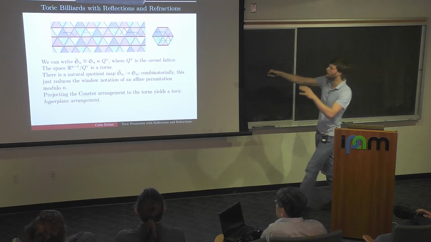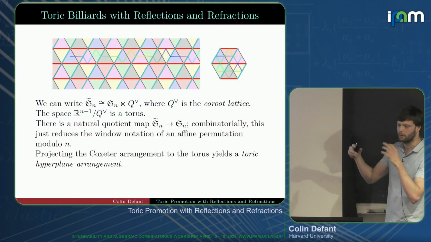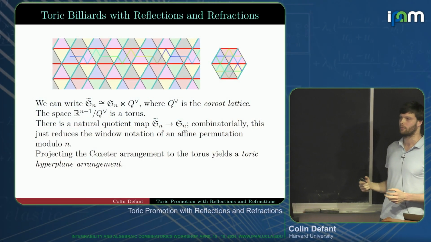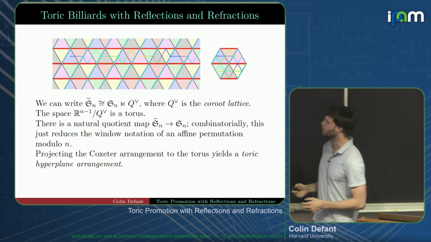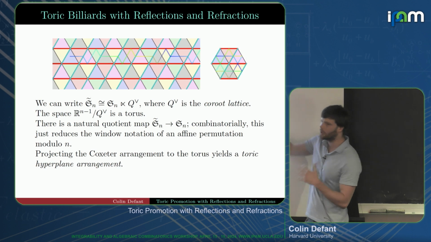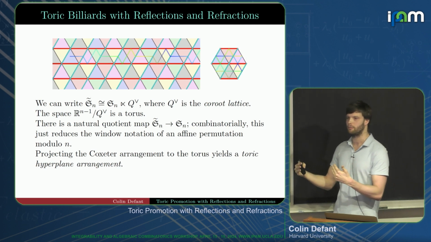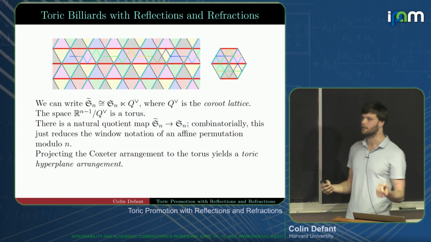So I've projected my affine Coxeter arrangement into the torus to get this toric hyperplane arrangement with toric hyperplanes. Except, in order for this to make sense, I need each toric hyperplane to have a well-defined material. And by material, I mean it should be either a window or a mirror or a meta lens.